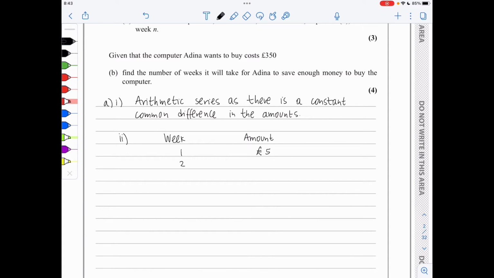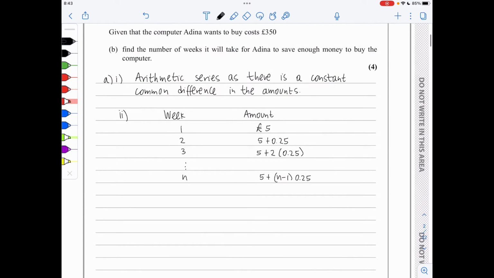In week 2, it's 5 plus 0.25. In week 3, it's 5 plus 2 times 0.25, and I can easily generalize to week n, having 5 plus (n minus 1) times 0.25 being the amount saved. There is no need to simplify here, so that's good enough to score the marks.